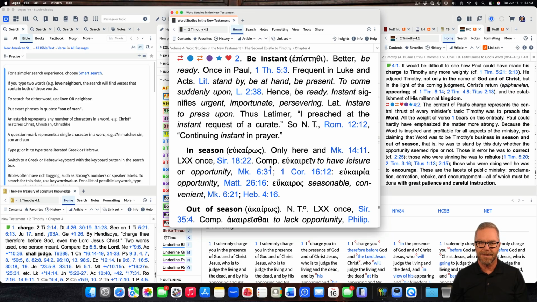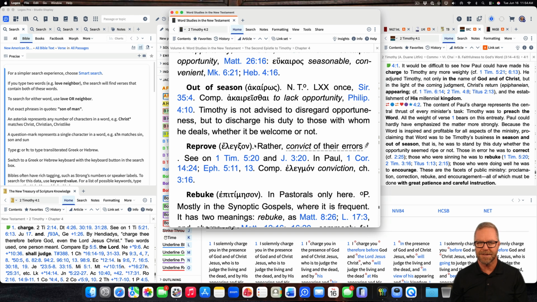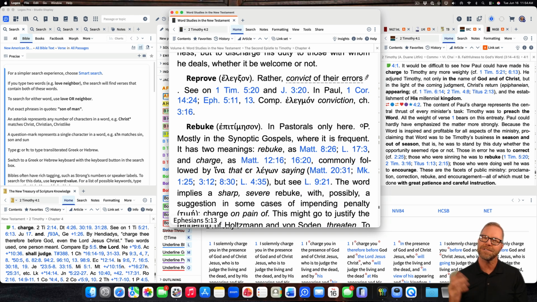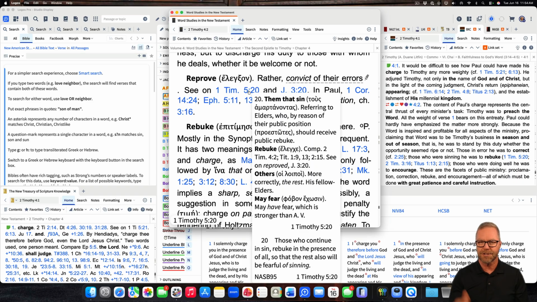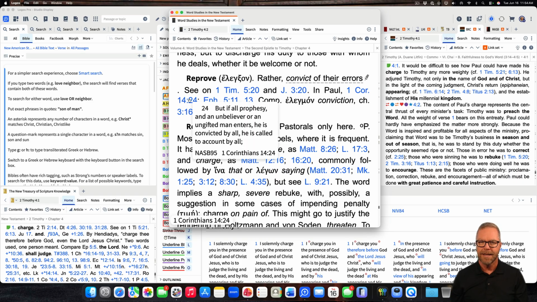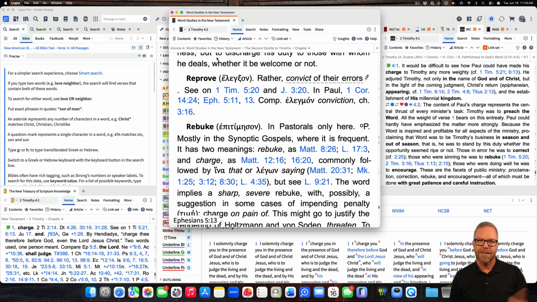In season, comments on that. Out of season, comments on that. Reprove, comments on that. Rebuke, comments on that. He just goes through the text and comments on some key phrases, gives you definitions, gives you key cross-references. If you have Logos, you can just hold your arrow on there and it'll bring up the text, so it's kind of handy, isn't it? So that is what I mean by a verse-by-verse word study.